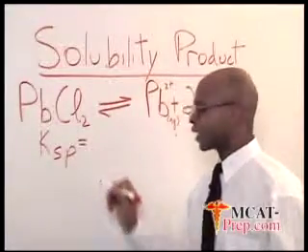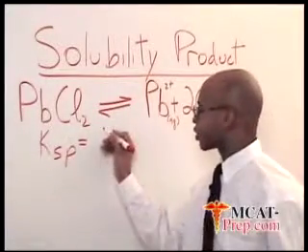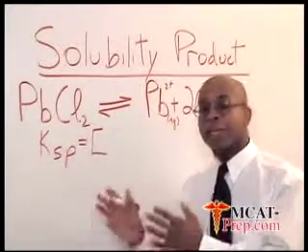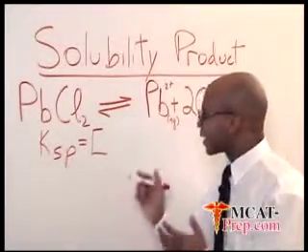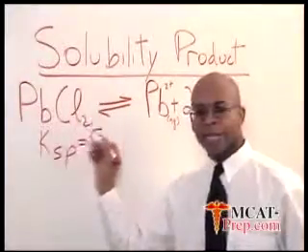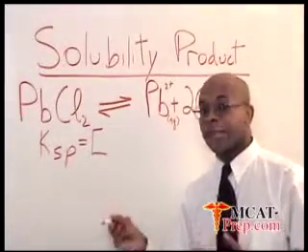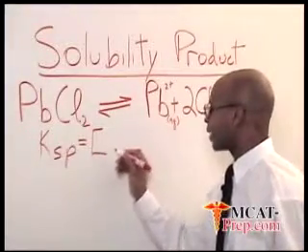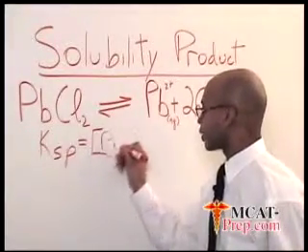So the Ksp expression for this reaction would be just like all the other equilibrium constants, except that we don't have to take the reactant into account because that is more or less constant. So Ksp is given by the product of the products.